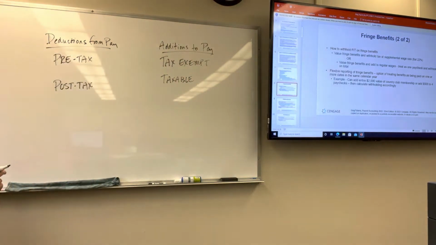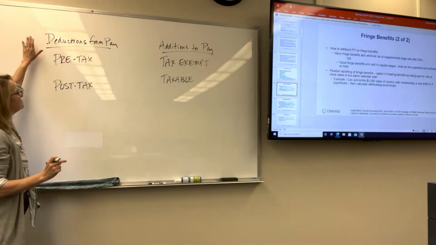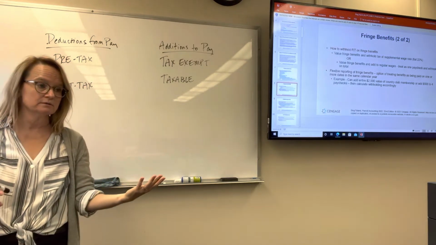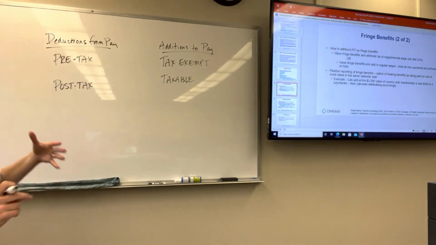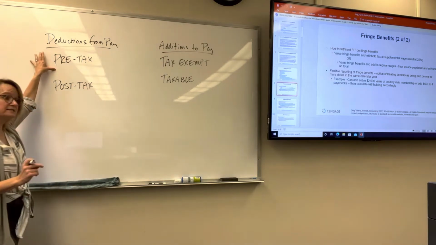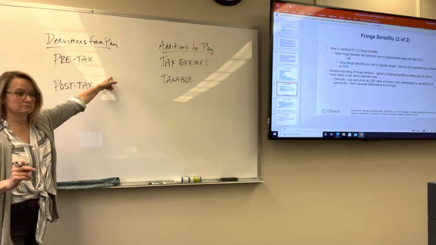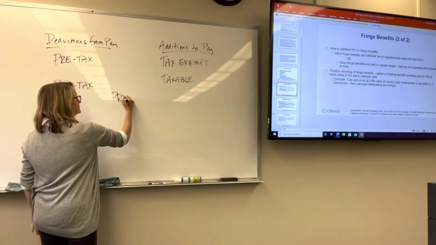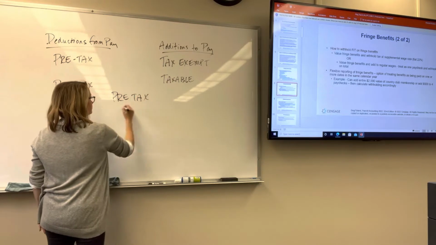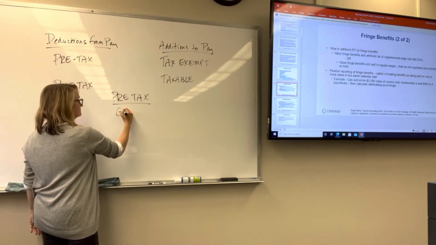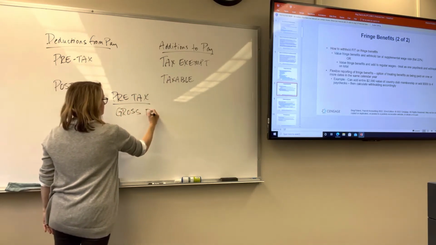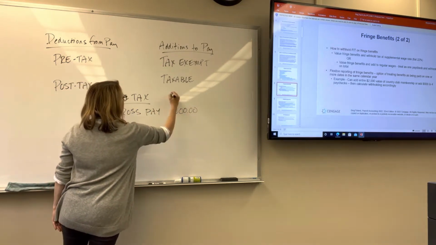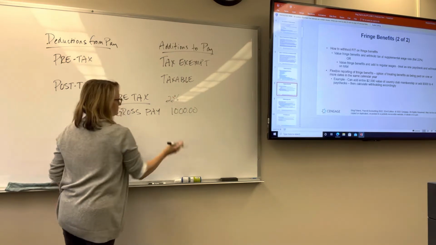So how do these work? With regard to deductions from pay, anything that is a pre-tax deduction means the amount is deducted before we calculate the tax. Here's a pre-tax example. We have gross pay of $1,000, and let's just say we're going to use this 22% tax rate.